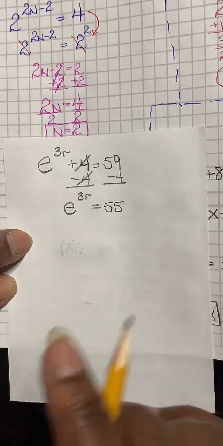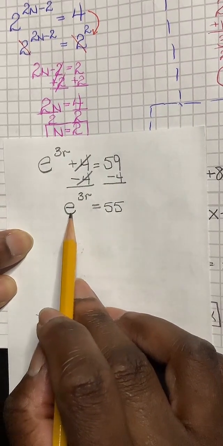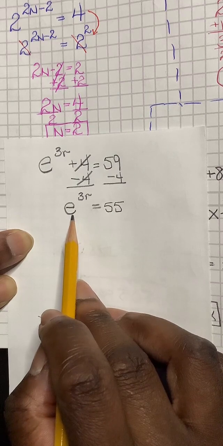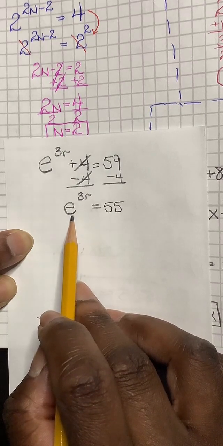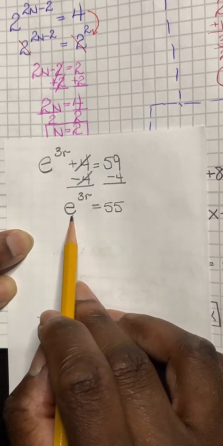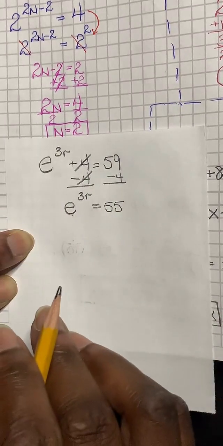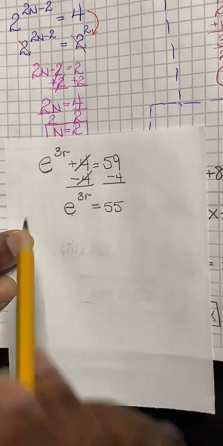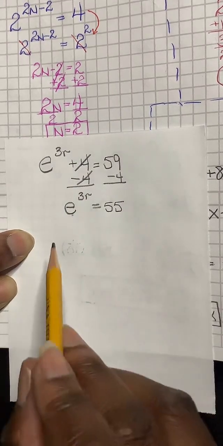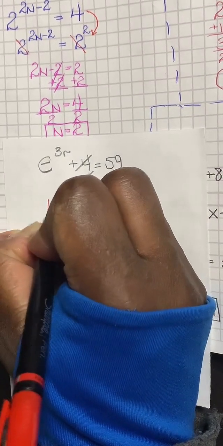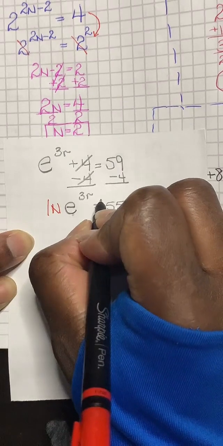Now we need to do the inverse in order to get rid of this e. So this is when we are doing the natural log. Okay? So common log works well with just the whole numbers. But when you have an e, you have to take the natural log of both sides.